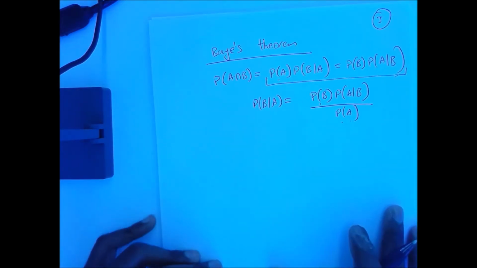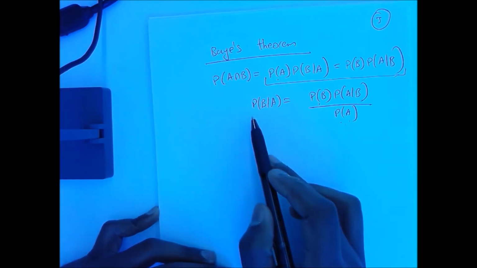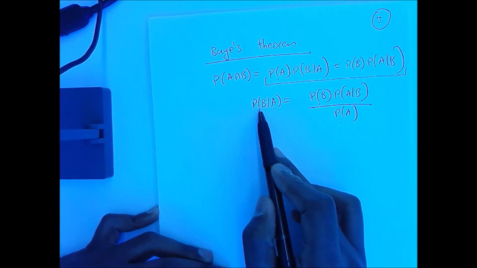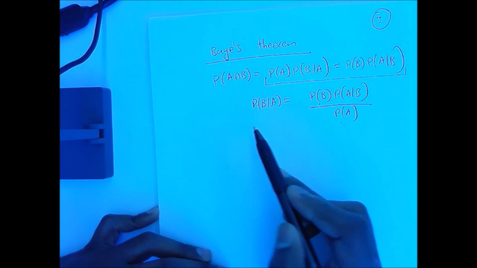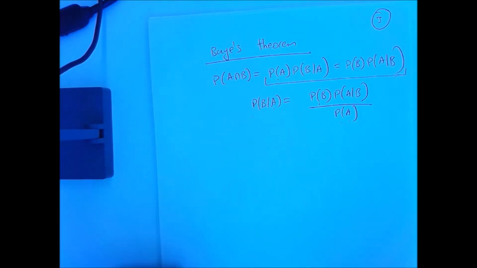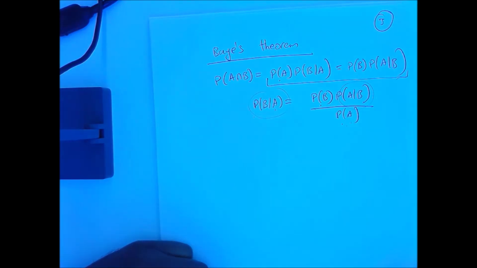In logic, you're saying, given that you know information about A, how does that change your information about B? That is very different from, given that you know about B, what does it change about A? The two situations can be very different. That means this probability can be very different from this probability. Okay, so now we'll do the next example.